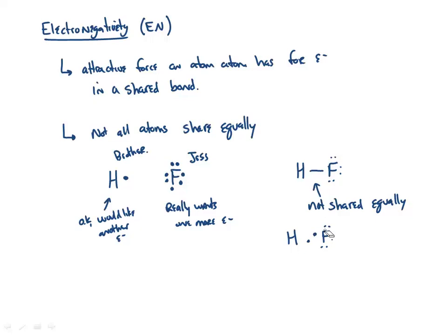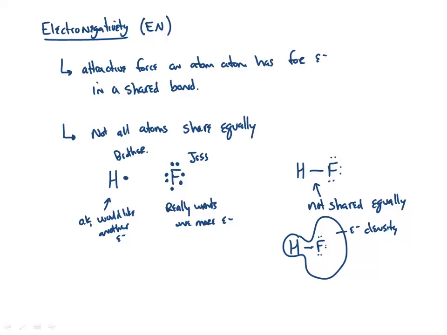Or really what we tend to draw is more like this, where we represent the electron density as the size of the bubble around it. So very little electron density around hydrogen, a whole lot of electron density around fluorine. So the idea is that those electrons aren't shared equally. They spend more time around the fluorine than they spend around the hydrogen atom.